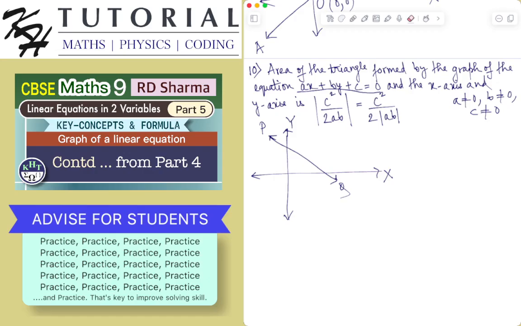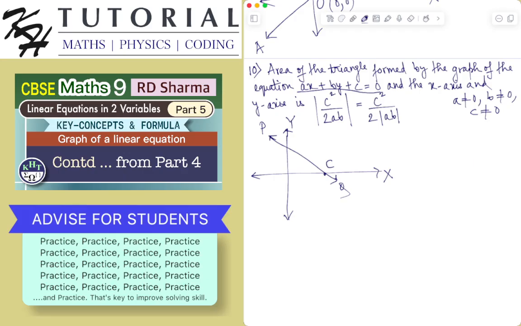Let's say the line PQ is intersecting the x-axis at the point C, which you can see is on the right-hand side of the y-axis, meaning it is on the positive side of the x-axis.